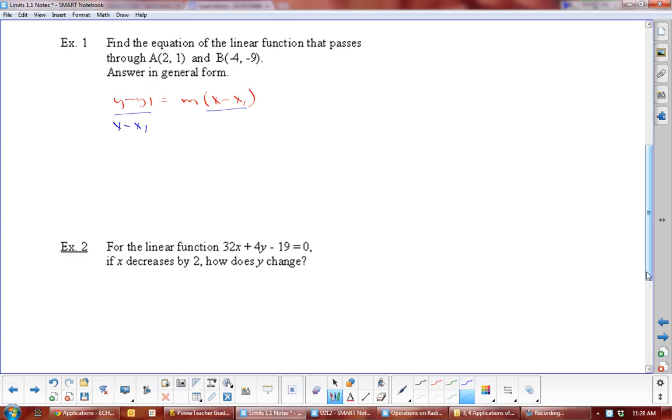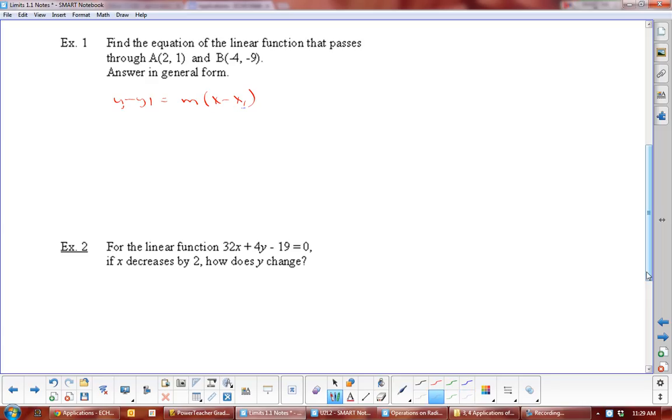Now, sometimes you've seen y2 minus y1. In this formula, when you're just finding slope, it is y2 minus y1. But when it's in the slope point form, it just uses x, and you'll see why when we do this question here. Now, to find this equation, I first need to know the slope, because I need to know m.